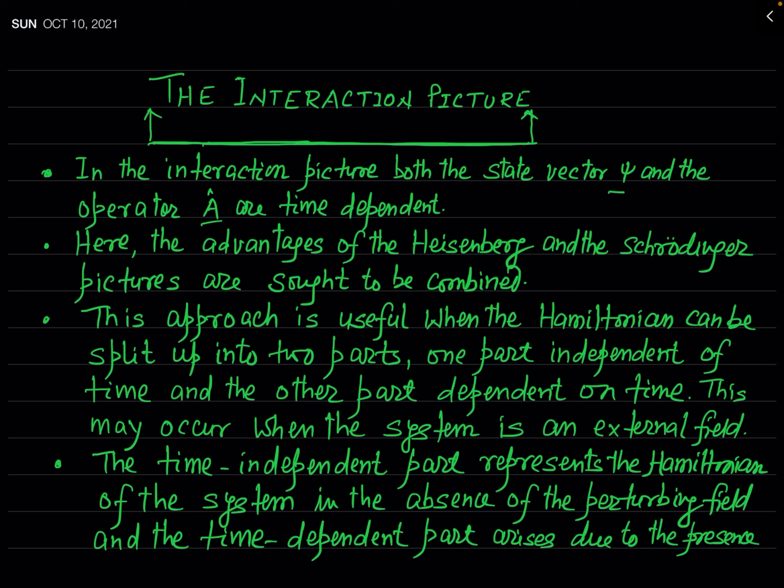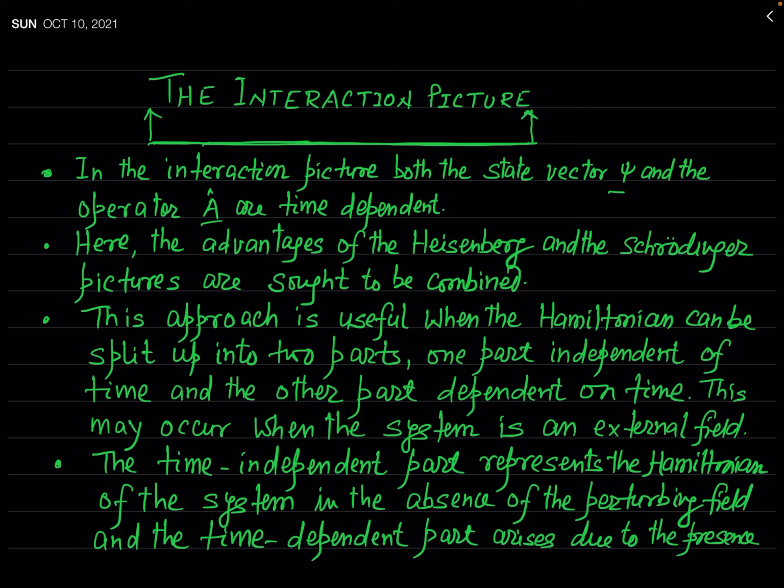In fact, the time independent part of the Hamiltonian of the system is in the absence of the perturbing field or the external field, and the time dependent part arises due to the presence of the field. And so the time independent part would represent the Hamiltonian when our system is not in the external field.